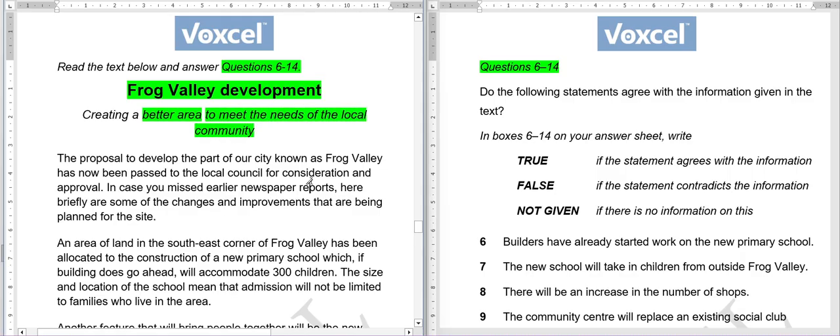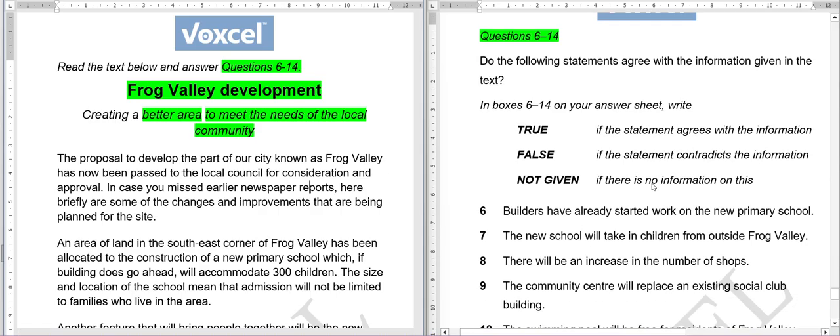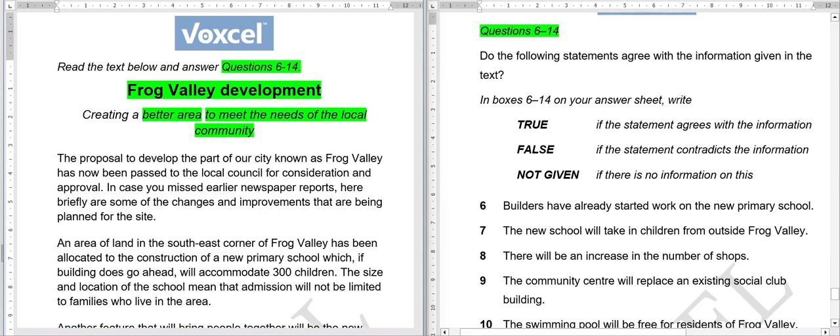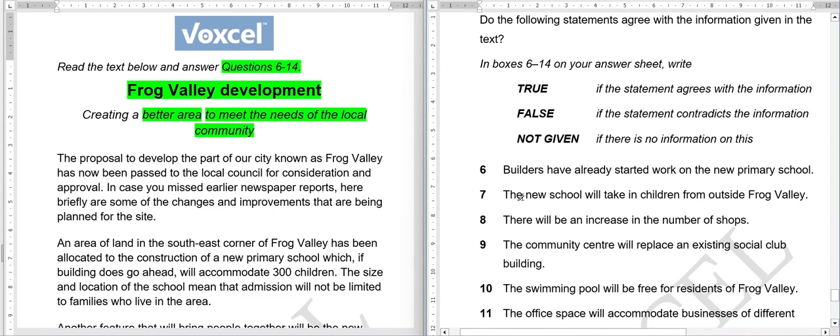So what we're going to do now is go to the questions and see what we're going to deal with. Here we are dealing with true, false, and not given. We will read these questions, which are almost always in sequence, so you don't have to worry. 99.99% of the time you will find the questions in sequence. You will find the answer of the 6th question, then the 7th, then the 8th, and so on.